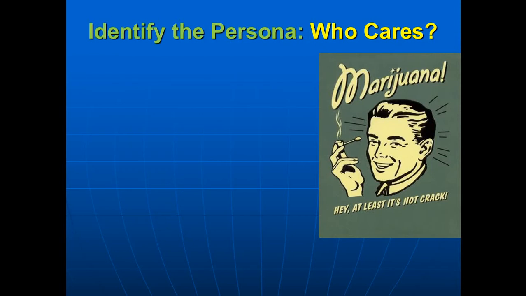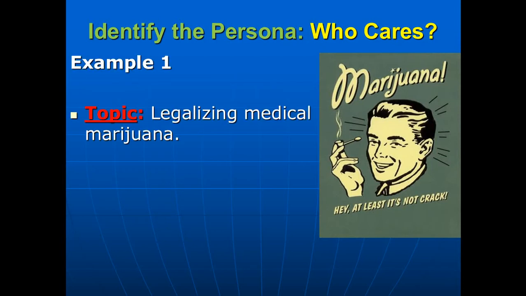We're going to look at some examples. We'll start with the topic of legalizing medical marijuana. So you want to think about who would care about something like that, who would be personally affected. And you don't just want to pretend to be anyone. You want someone who has a strong connection to this topic, someone who has something to lose or gain.